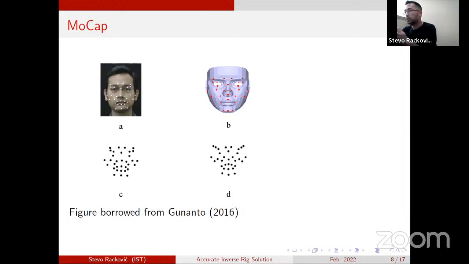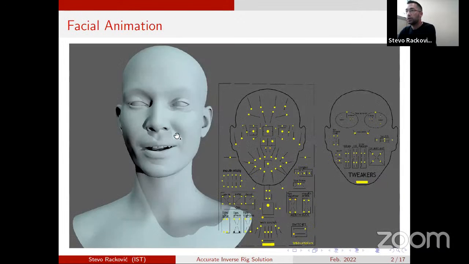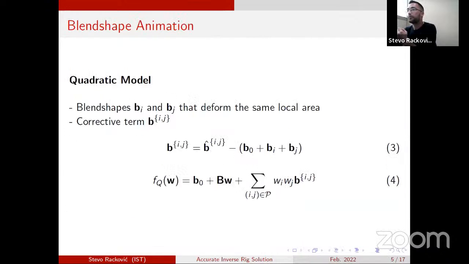But we work with more realistic characters, as we saw here. These models are made on the actor, so they are very accurate, and we need a much higher level of accuracy. And we don't actually use markers. We use all of the vertices in the face, and there are more than 4,000 of them.